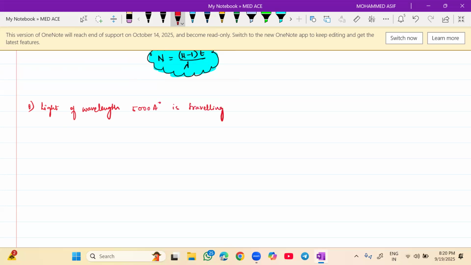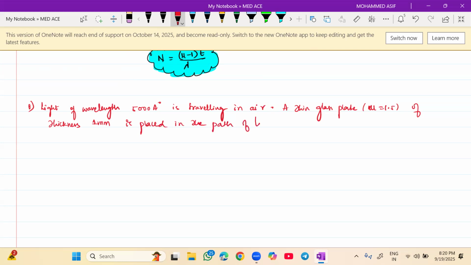A thin glass plate whose refractive index mu is 1.5 and thickness 1 mm is placed in the path of light.